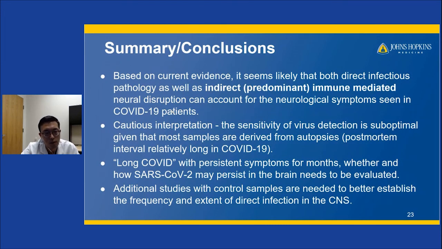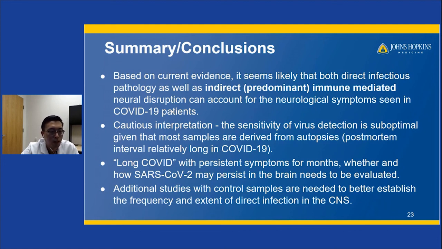So based on the current evidence, direct infectious pathology may be possible, as well as indirect, probably the predominant way of affecting the brain, immune-mediated neurodisruption. So probably a systemic infection process, COVID-19 ARDS and ICU illness, or critical care illness, can cause an immune-mediated response and cause neurologic complications.